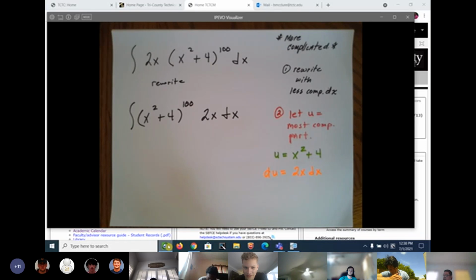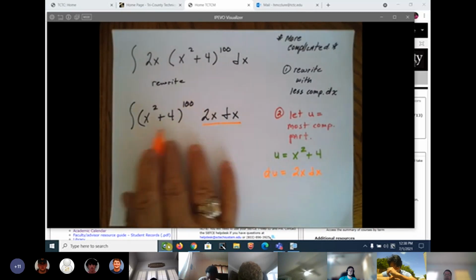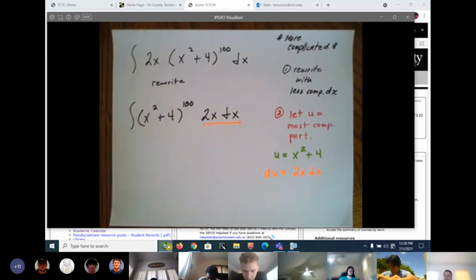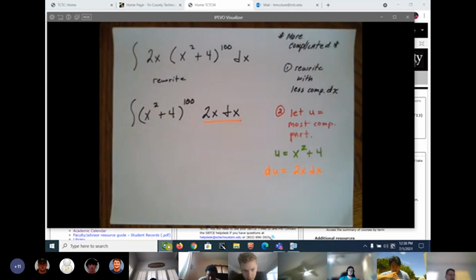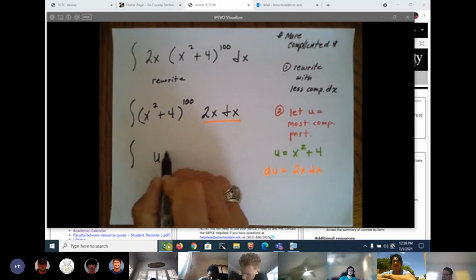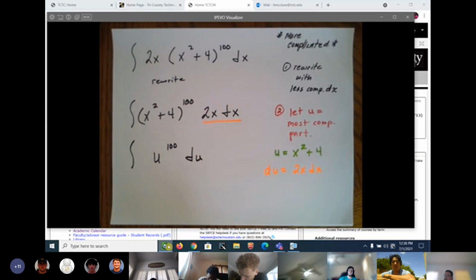In the original problem that you set up. So somebody tell me, it looks like to me, we've got the antiderivative of u to the 100th power du.